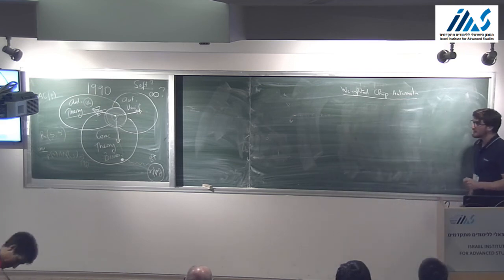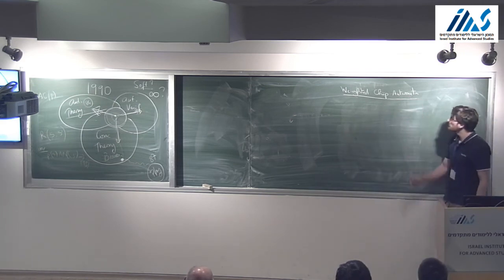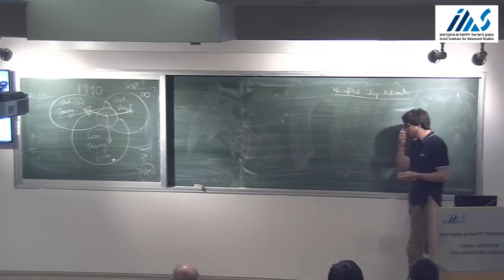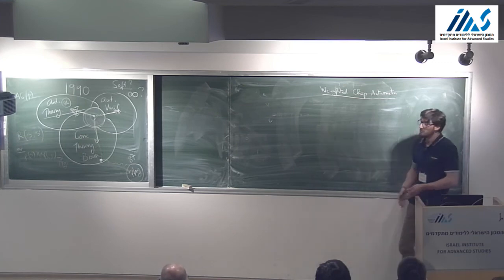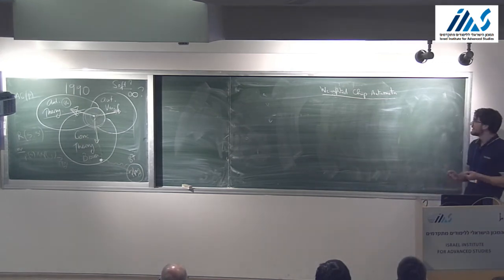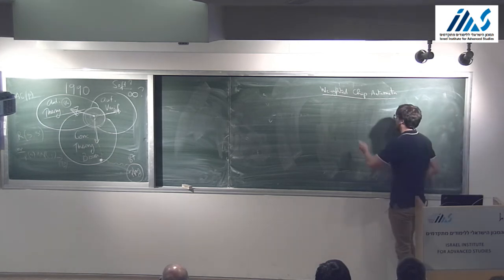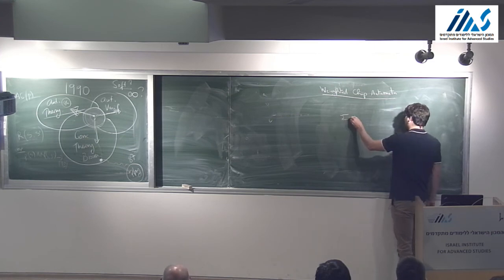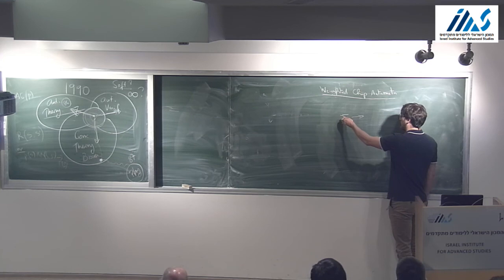So, I'm really excited to introduce to you weighted chop automata as a formalism, a decidable formalism for quantitative languages. In verification, we use languages many times as a tool to speak about the behavior of a system, which can be seen as a function from a finite word to a Boolean value.